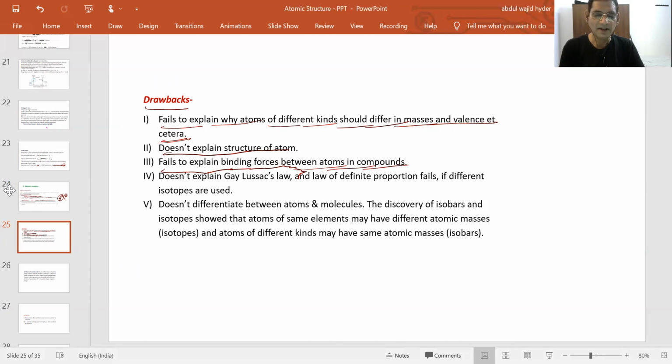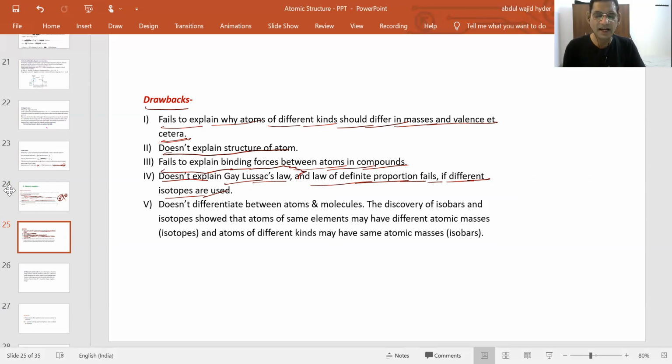It does not explain Gay-Lussac's law, and the law of definite proportion fails if different isotopes are used in two compounds. Then the law of definite proportion will fail.